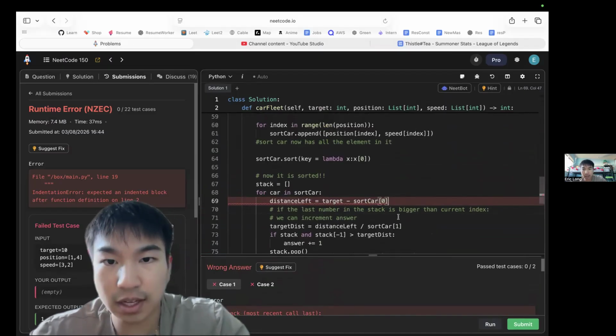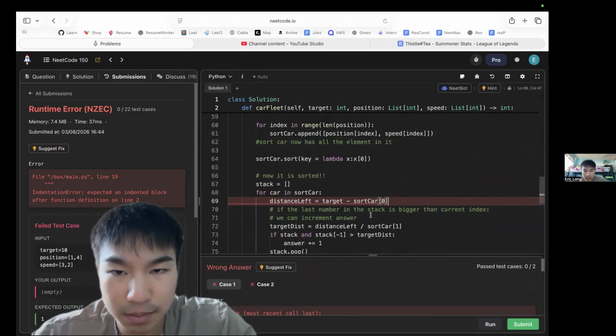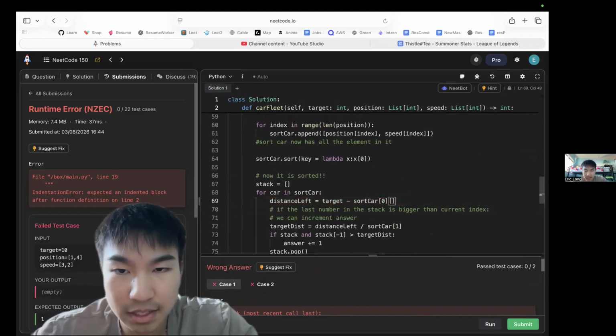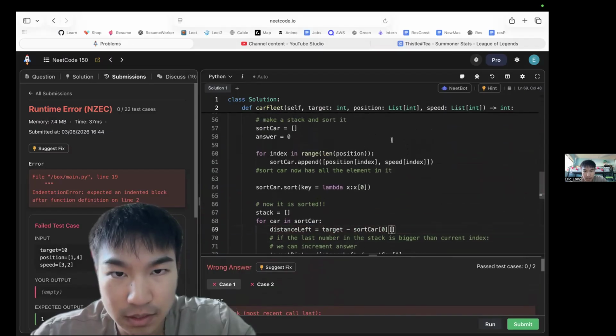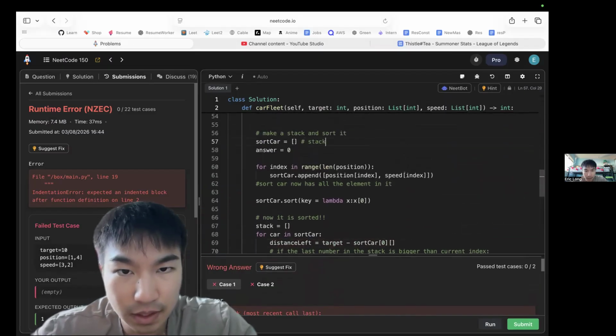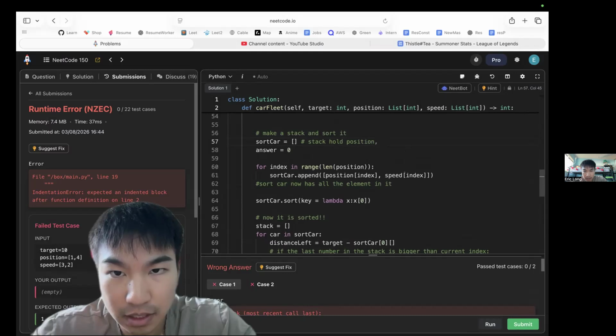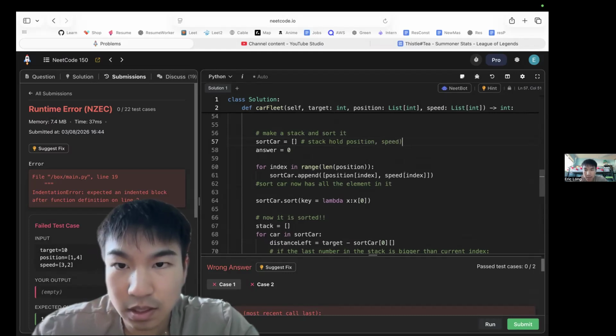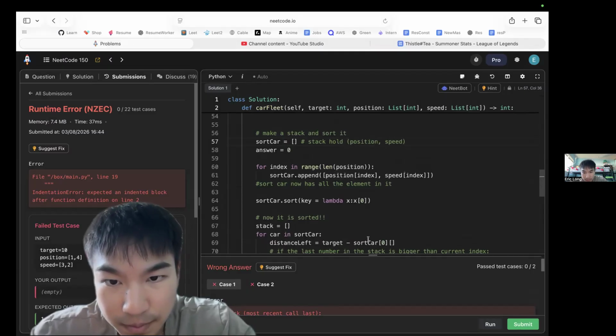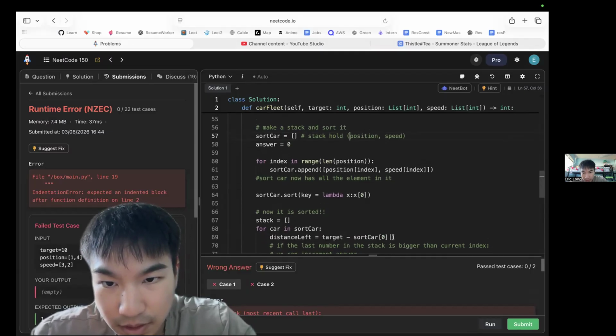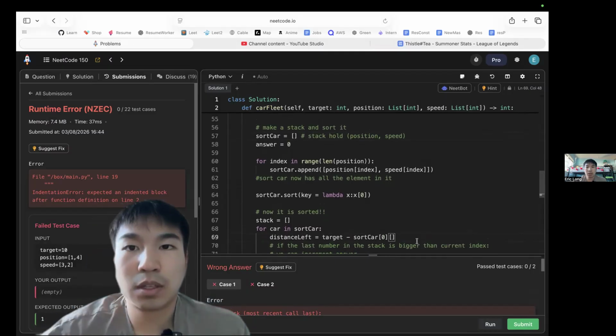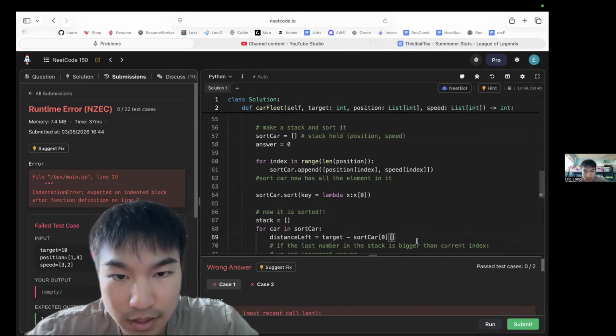Sort car is actually two things: it holds position, and then speed. So we want to subtract position, at position 0. Oh yeah, this is actually target.